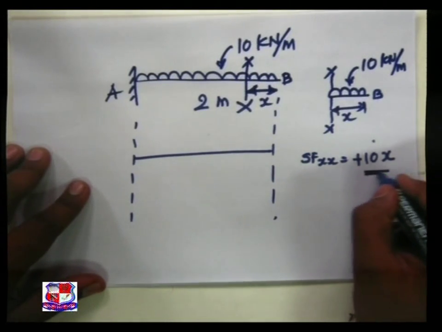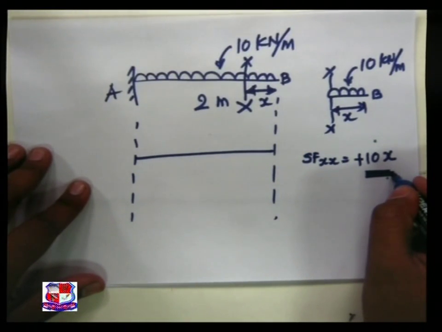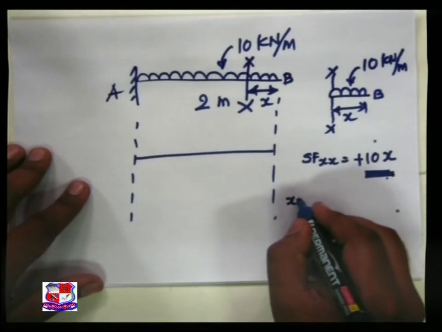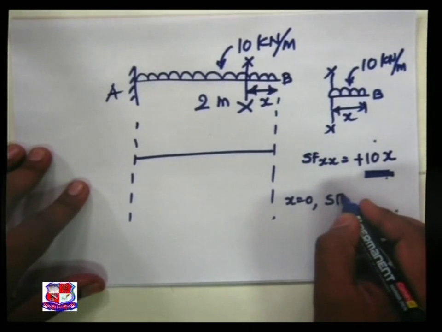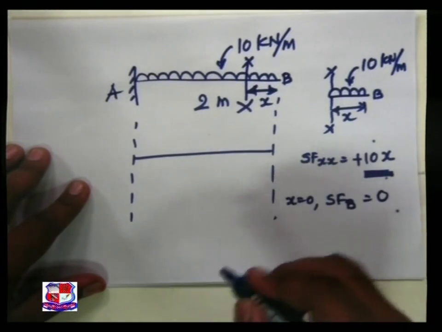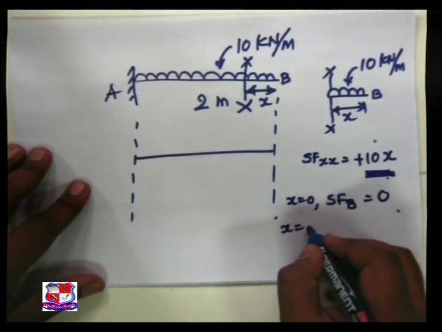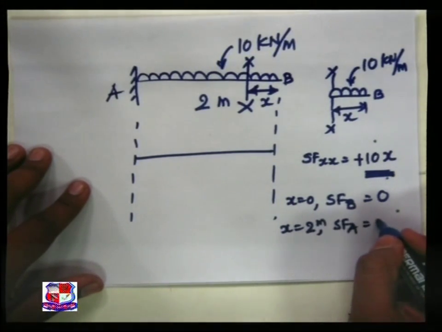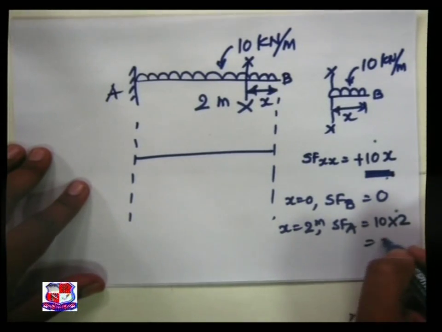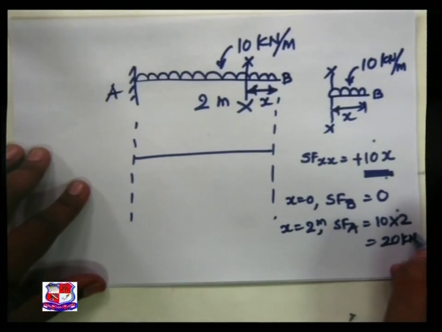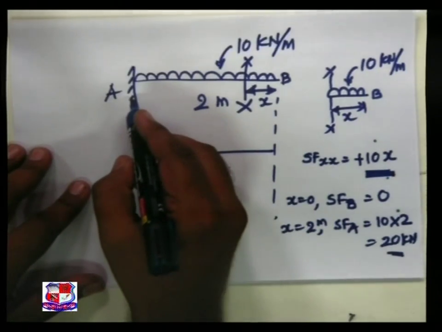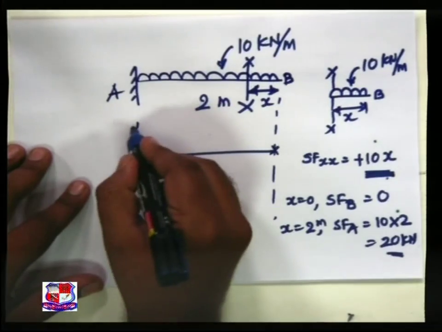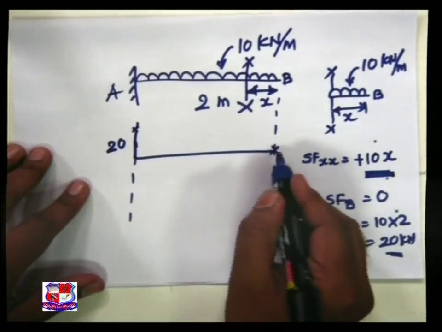See, this is a linear straight line equation. So if we put x is equal to 0, SF at B is equal to 0. But if we put x is equal to 2 meter, SF at A is equal to 10 into 2, that is 20 kilonewton, which is the reaction at A. So these two ordinates are known to us, 20 and 0.